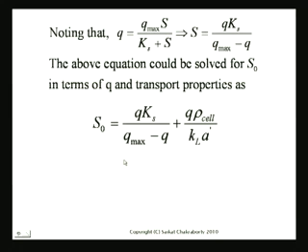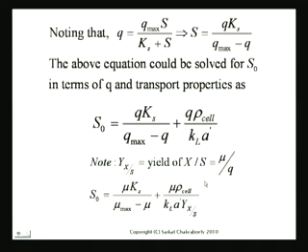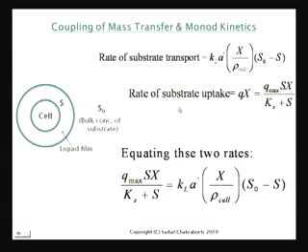I will see in a minute why I'm trying to do that. Now this new thing comes in over here, which is that I define the yield of X per unit S. When you're writing a balance, you're writing a balance for the substrate.